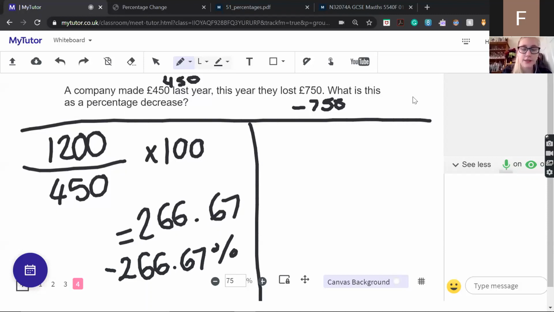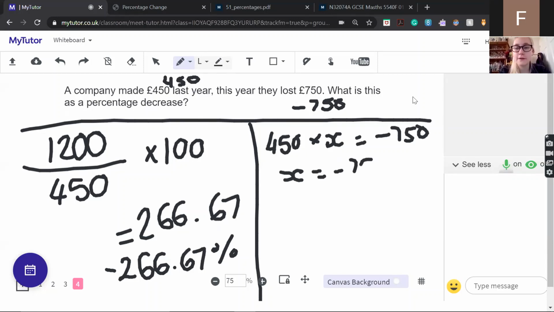266.67% decrease. Using our method B, we say, well, we've gone from 450 by some multiplier to minus 750. So what on earth was our multiplier? Well, we do minus 750 divided by 450, which gives us minus 1.67. And then we know that that was subtracted from 1 because it's a decrease, so we add it back onto the 1.